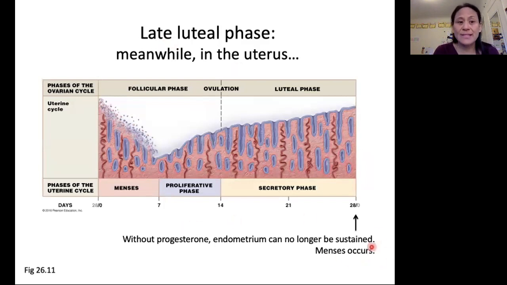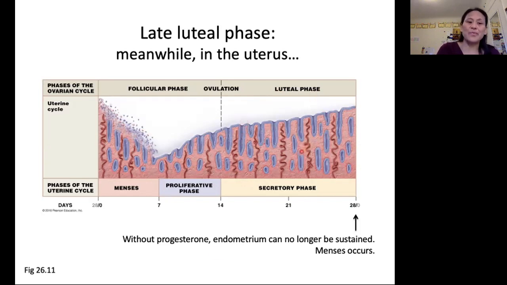we get menses in the uterus. Just to walk you through why that is, remember that the reason we were in the secretory phase in the endometrium was that we had progesterone stimulating secretion by the endometrium. When the corpus luteum dies, we lose that progesterone, so we lose that stimulation to maintain the endometrium as a secretory structure.